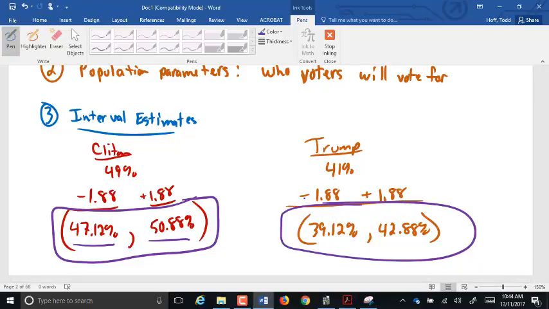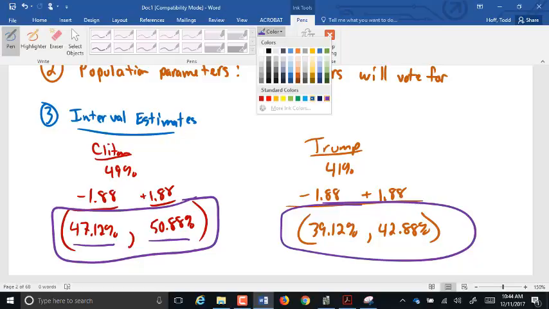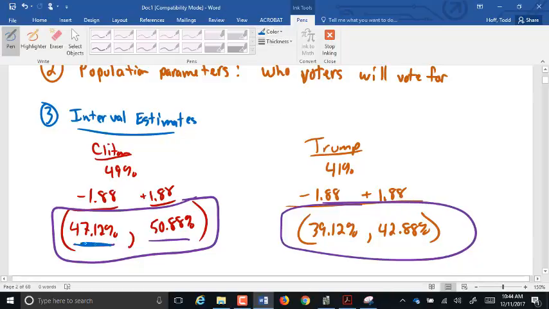Now, looking at these intervals, we look at them and we see that the bottom end for Clinton is 47.12. The top end for Trump is 42.88. What is that telling us about what we should expect for the results of that election to be?